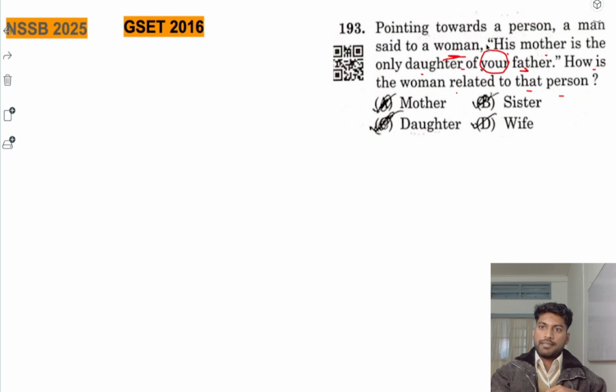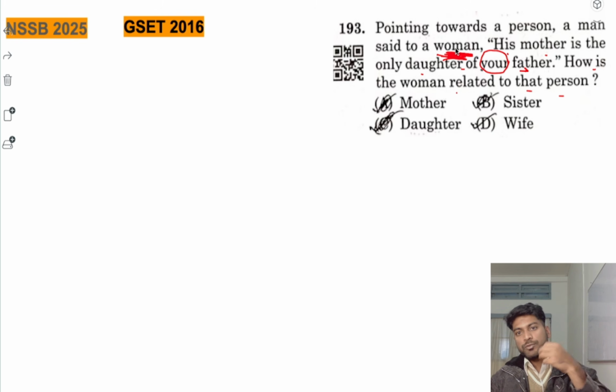Pointing to a man, a woman said... Okay, okay, fine. I misread. Pointing towards a person, a man said to a woman, his mother is the only daughter of your father.